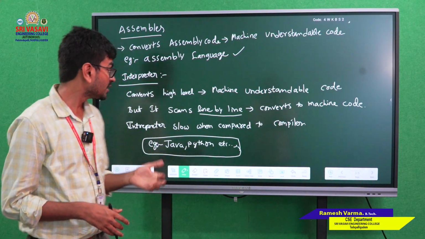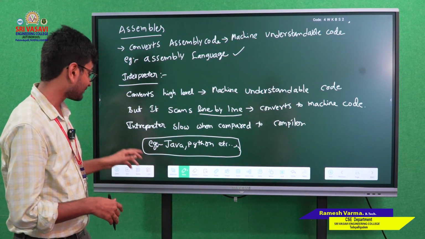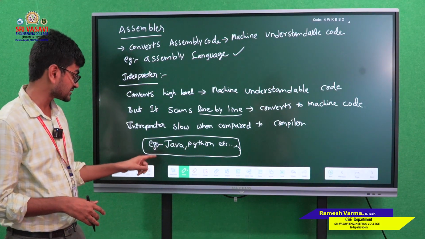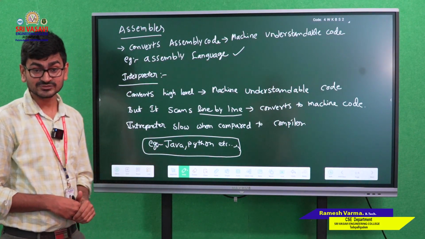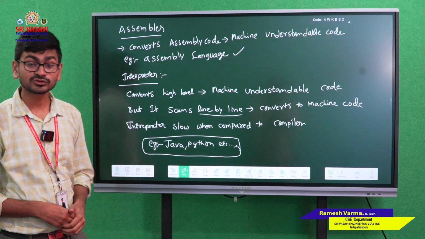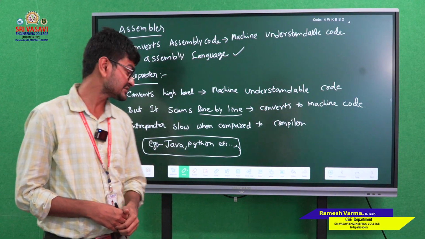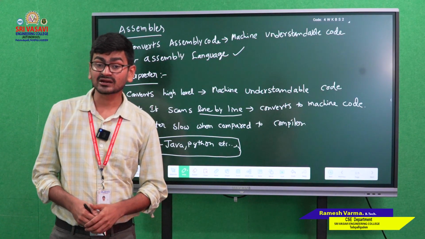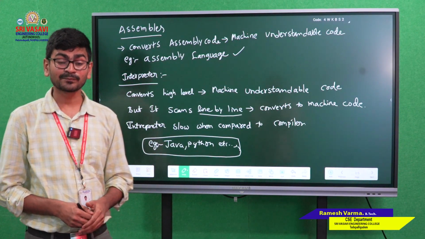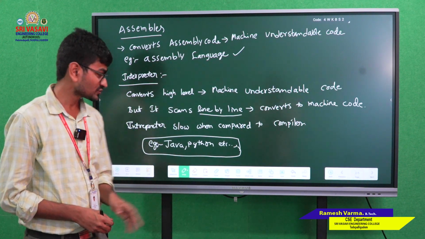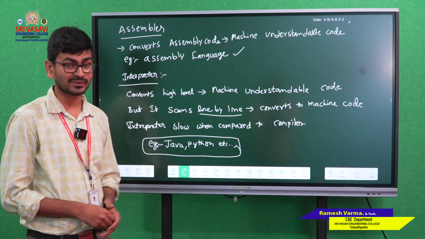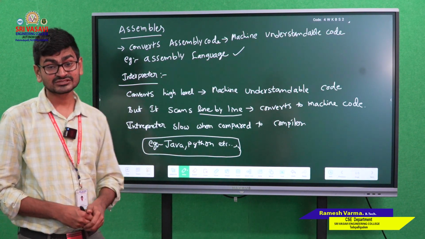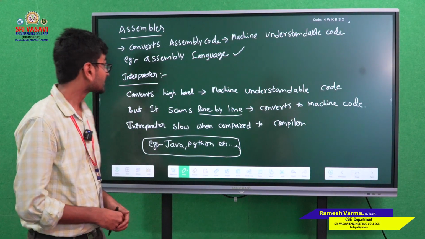Like that it will go. Based on that, we have some interpreted languages: one is Java and another one is Python, but Java is both compiled and interpreted. Generally interpreted languages are slower when compared to compiled languages. So C is faster when compared to Java, and Java and Python are slower when compared to C.